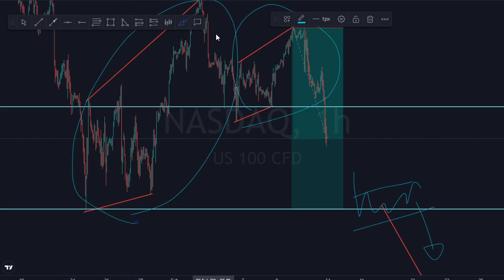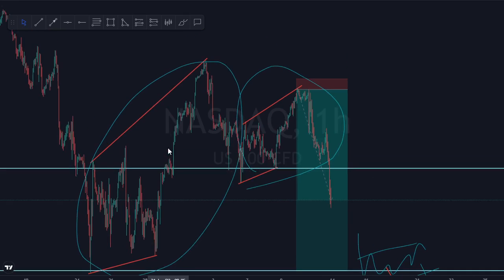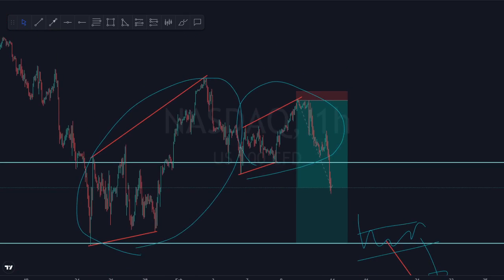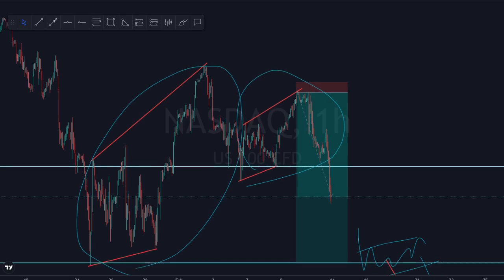That's why my bias is only sells. I look at what the market is doing, what structures or patterns it's forming, and I look for my entries, because they confirm the direction of the overall trend, guys.